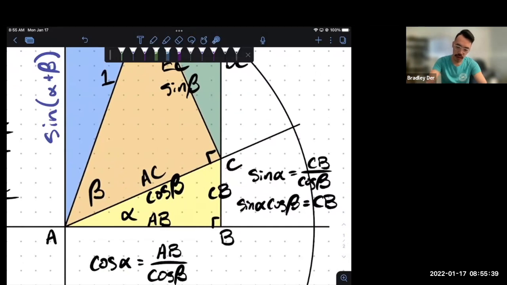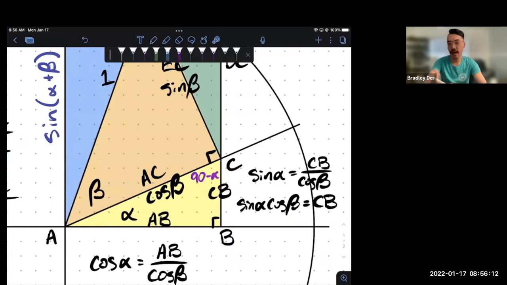So for example, in this yellow triangle, we know that all of the interior angles need to sum to 180 degrees. If we subtract off this right angle of 90 degrees, then this angle BCA plus this angle alpha have to sum to 90. That would mean that this angle must have a measure of 90 minus alpha.